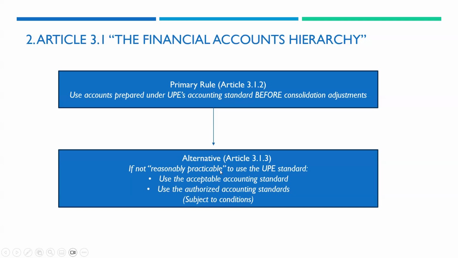How that is determined is not defined anywhere. You have to tell the tax officer, I couldn't prepare using the UPE's standard because of XYZ reasons, and because of that, I am using an acceptable accounting standard or an authorized accounting standard.